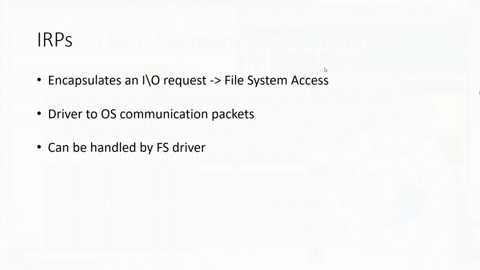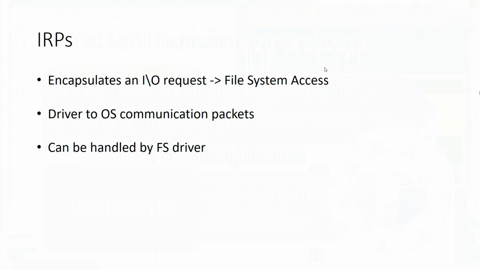Now, IRPs are basically I/O request packet data structures that are used to communicate between drivers and the actual operating system, and they're transferred from driver to driver. Those IRPs are packets that are represented by a single pointer to a data structure instead of many pointers to arguments.